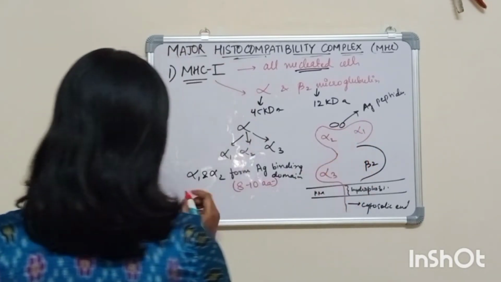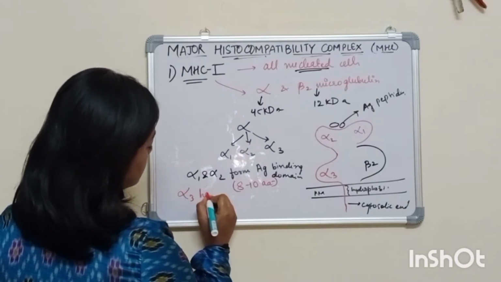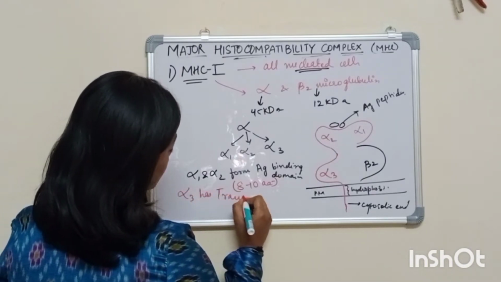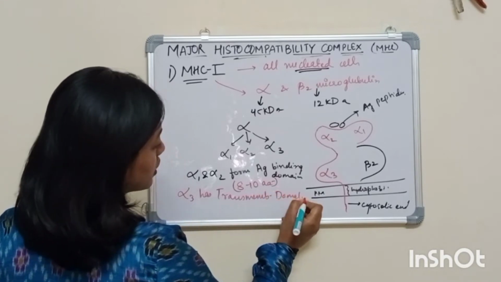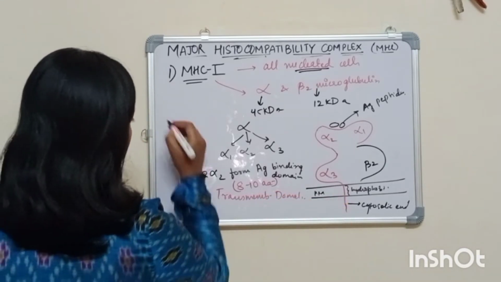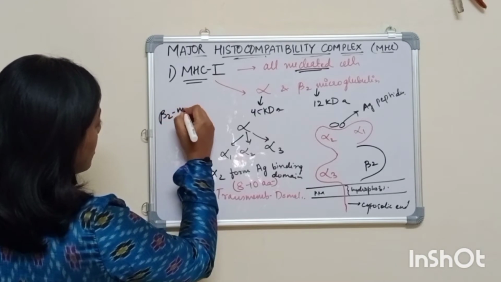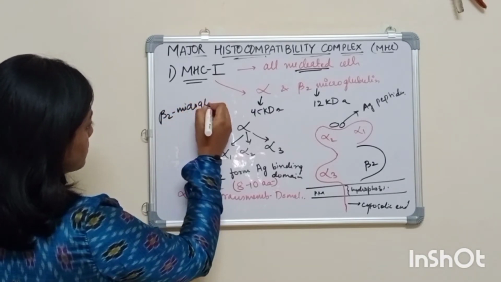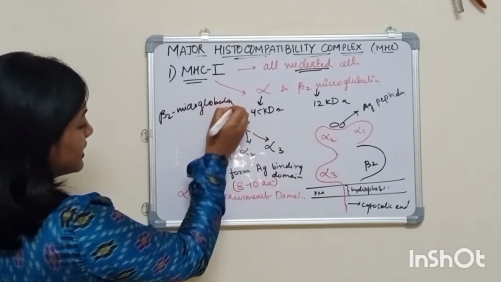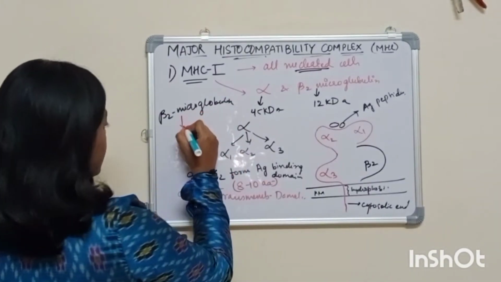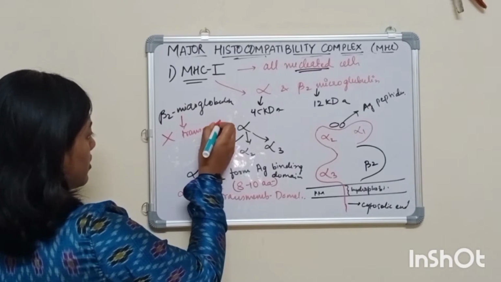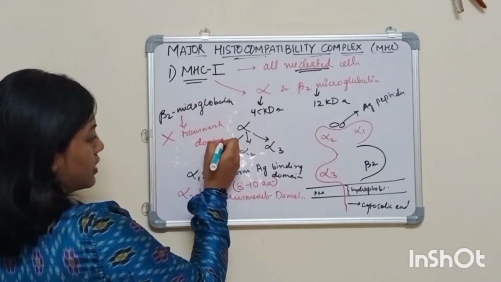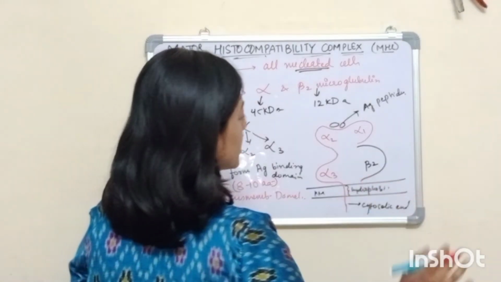Alpha 3 has a transmembrane domain, as it crosses the plasma membrane. But beta 2 microglobulin does not have a transmembrane domain. You can see there is no transmembrane domain.